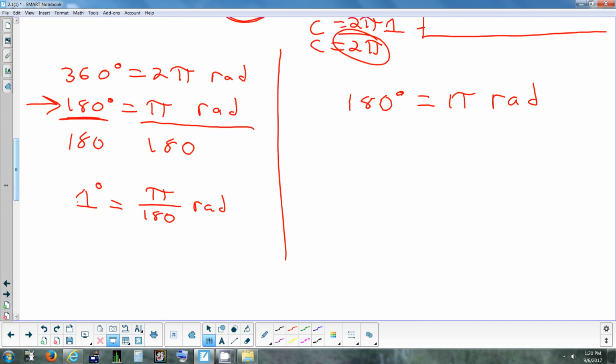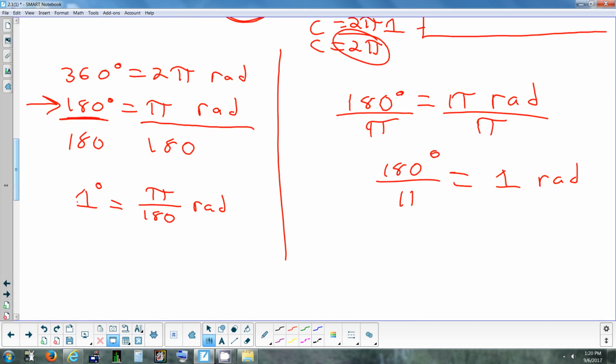Divide by pi. Pi divided by pi is 1. We still have RAD. And then on the other side, 180 degrees over pi. So now you have a formula that tells you 1 radian is that many degrees.